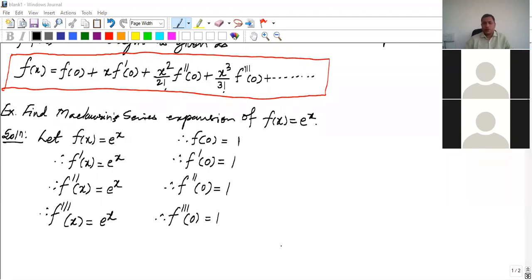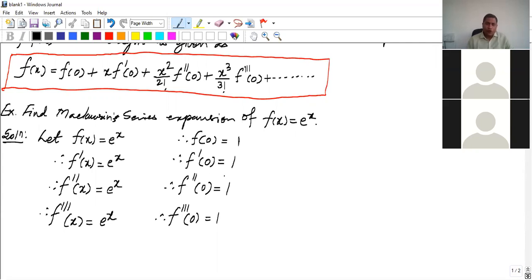Now think of the terms here. What we require: f at 0, f dash at 0, f double dash at 0, f triple dash at 0. You can see this value is going to be 1, this value is going to be 1, this is also 1, this is also 1. So we got 4 non-zero terms.